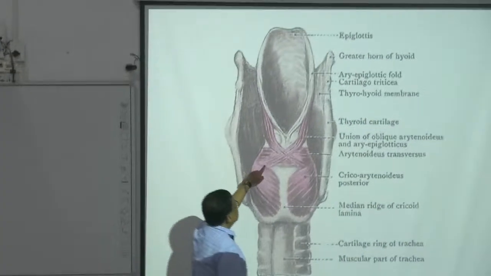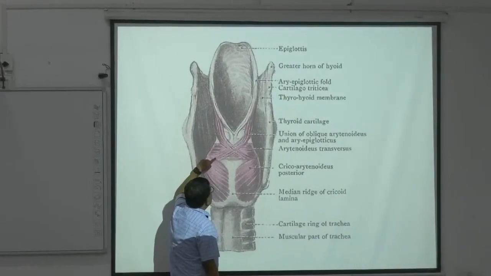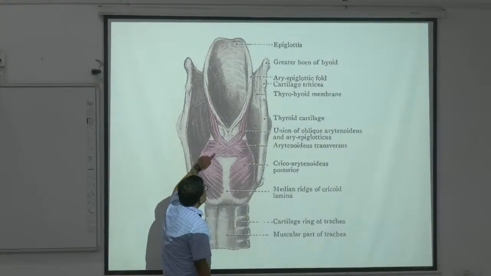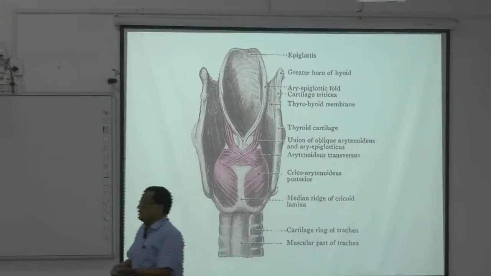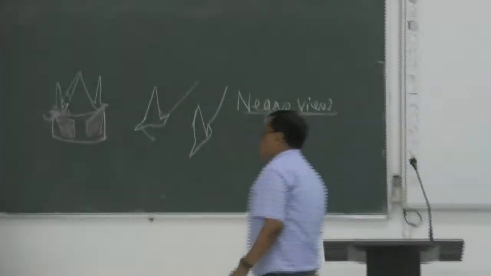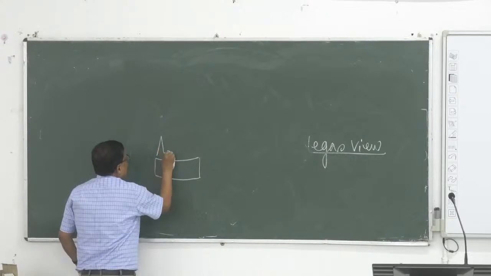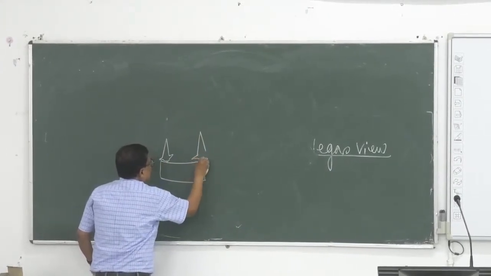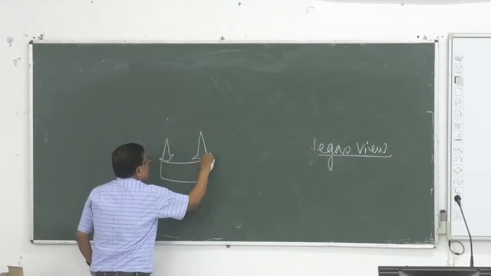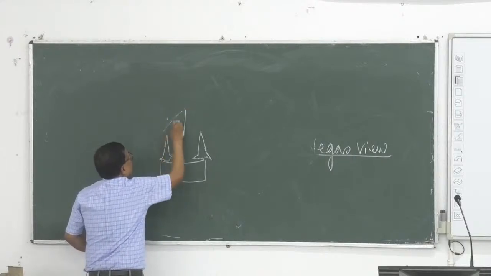The rest are very easy. Oblique arytenoid takes origin from the base of the muscular process of the arytenoid cartilage and goes to the apex of the arytenoid cartilage. I will draw it once.